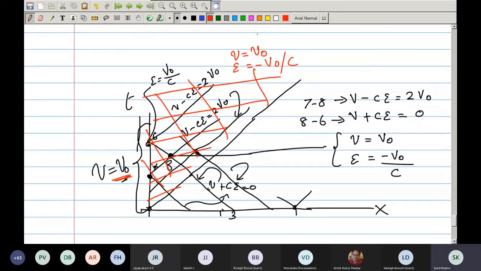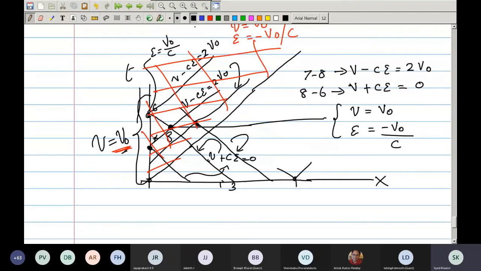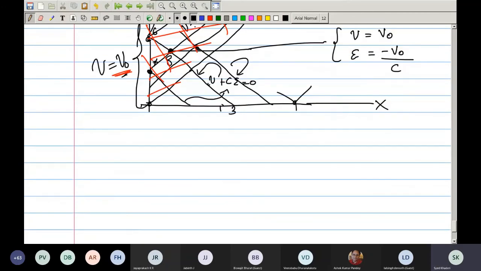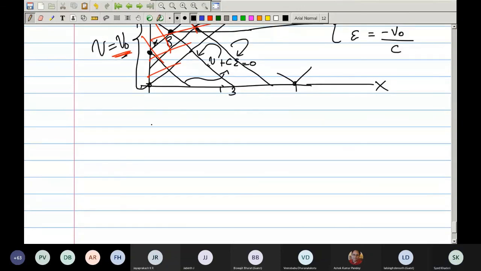If you want to ask what is happening to the bar at each and every point in time, at time t equal to 0, let's plot time t equal to 0. That's my coordinate. There is no velocity, no strain, perfectly fine.